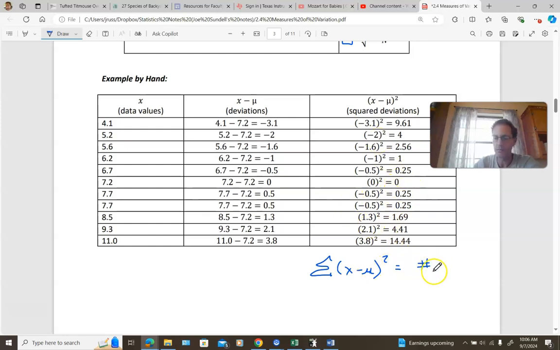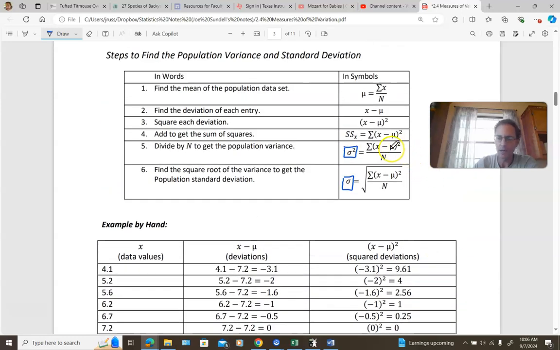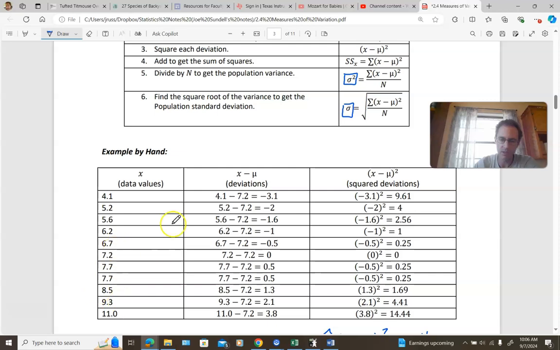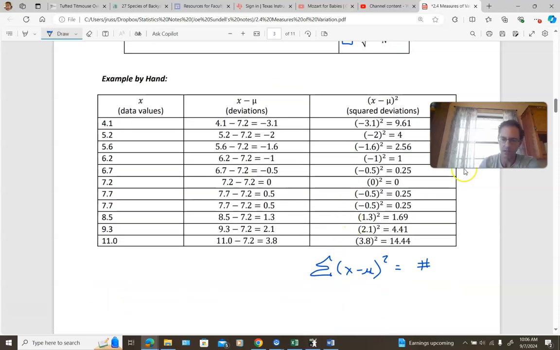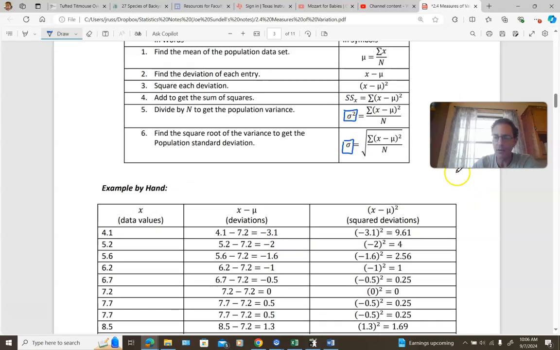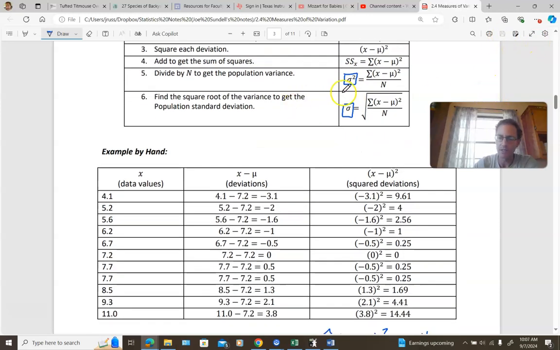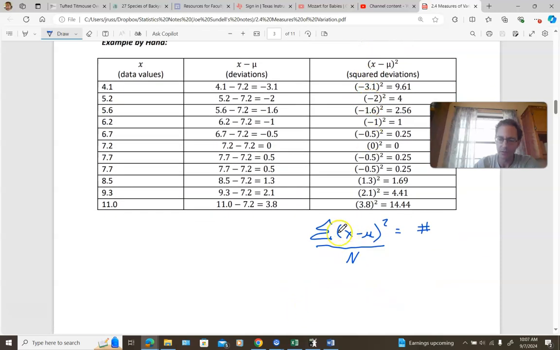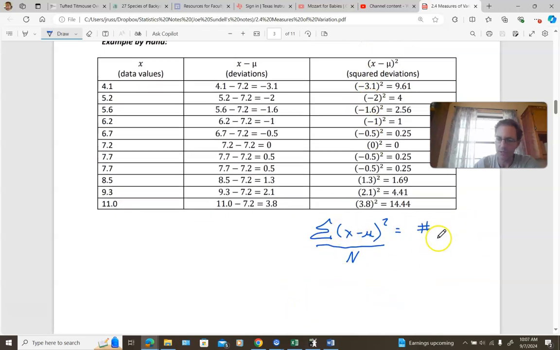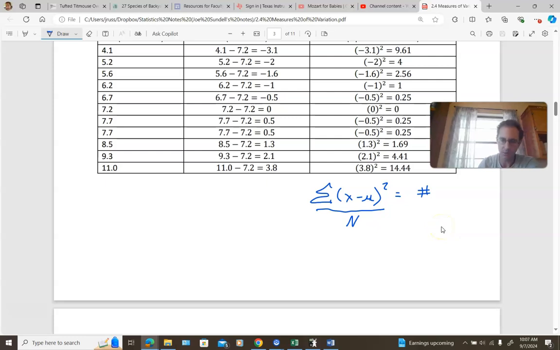You'll get a number, and then you divide whatever you get by the number in the population, so in this case it would be 11. That would be the variance, sigma squared. If I wanted to find the standard deviation, I would take whatever number that is and take the square root of it.